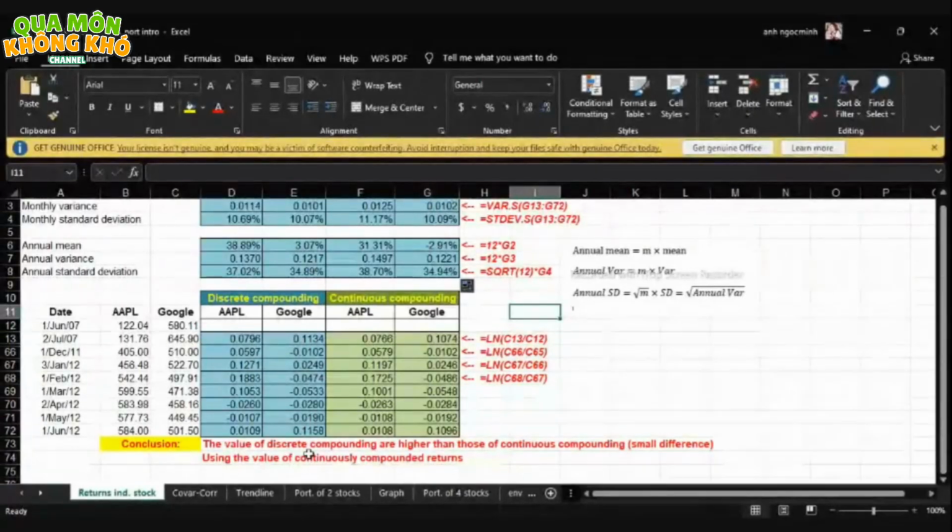The difference between them is not significant because it is very small, and we should use the continuously compounded return for the later steps, because we wish to assume that the return data for the 12 periods represents the distribution of the returns for the coming periods, and so the continuously compounded return is more appropriate.